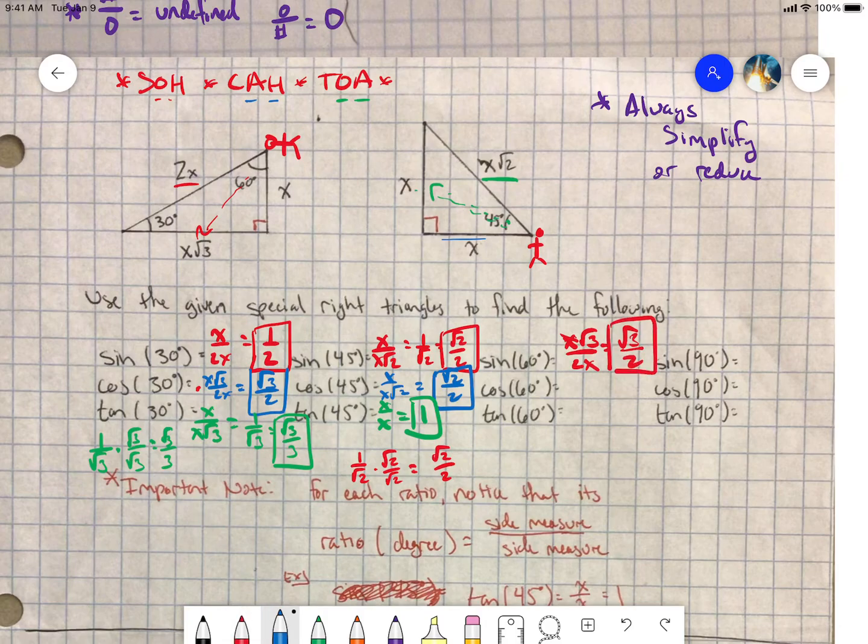What about cosine of 60 degrees? X over 2x. Perfect. X over 2x, which equals what?